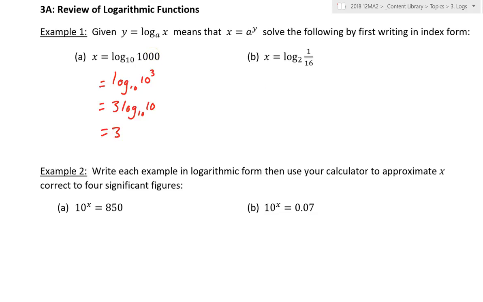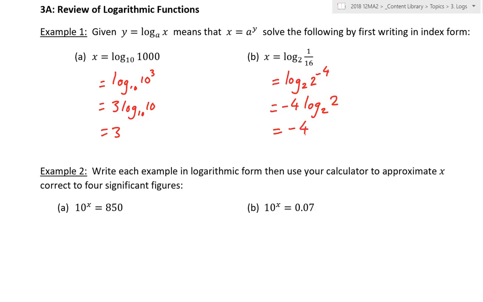That's how that works. Now again, we can do that with numbers that are smaller than the base. So this is the same as the log to the base 2 of 2 to the negative 4, which is negative 4 times the log base 2 of 2, which is equal to negative 4 times 1, which is negative 4.